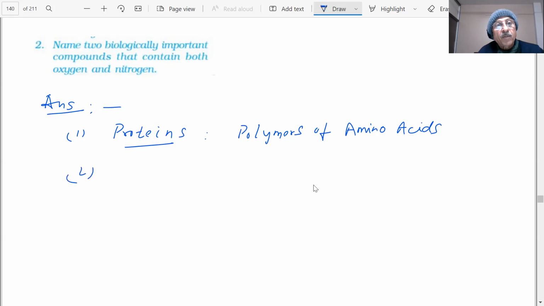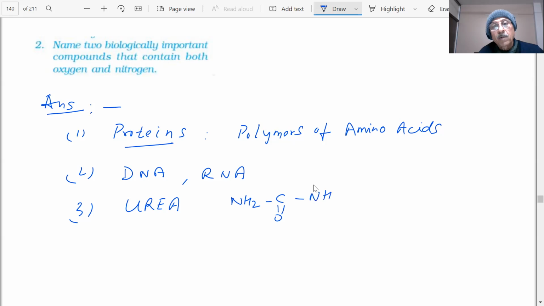There are different types of proteins in the body. You have also heard about DNA and RNA, students: deoxyribonucleic acid, ribonucleic acid. Then you are aware of urea, there is nitrogen, oxygen.